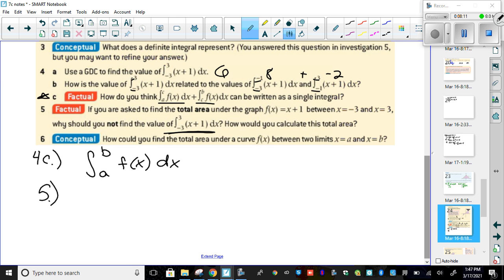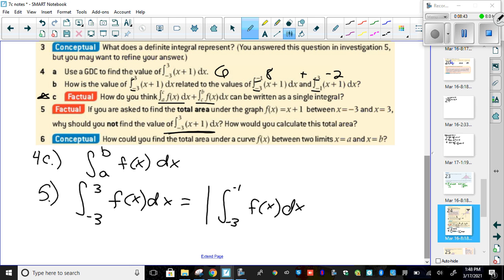So therefore, how would you calculate this? If you did want to use your calculator, how would you figure it out? The absolute value of each of those integrals, correct. So if you want to go from -3 to 3 of f of x dx, you need to take the absolute value from -3 to -1 of f of x dx plus the absolute value from -1 to 3 of f of x dx.